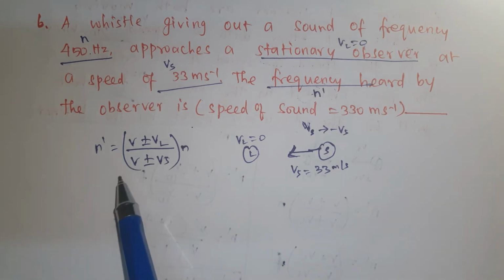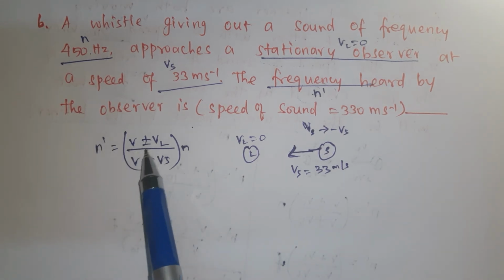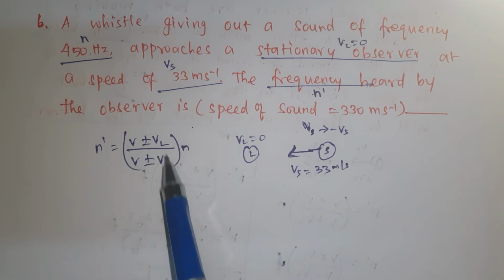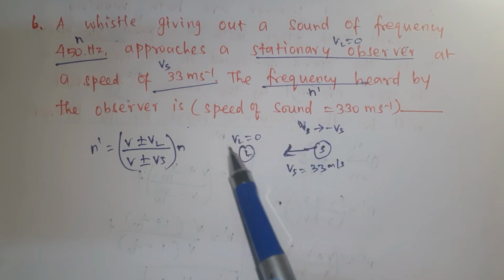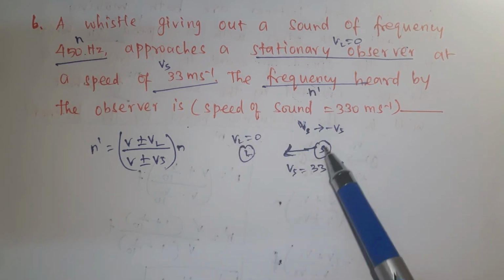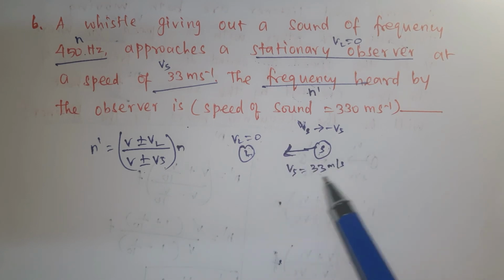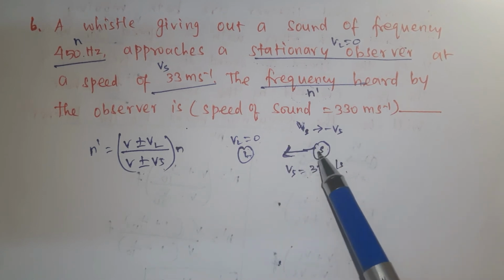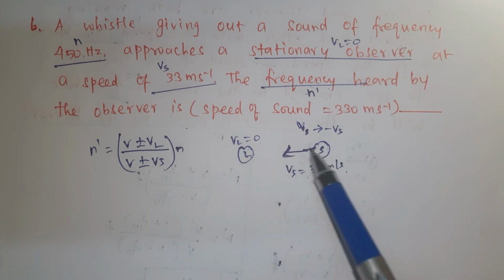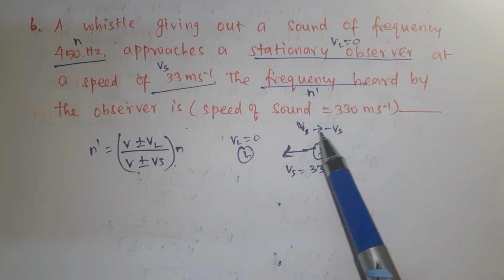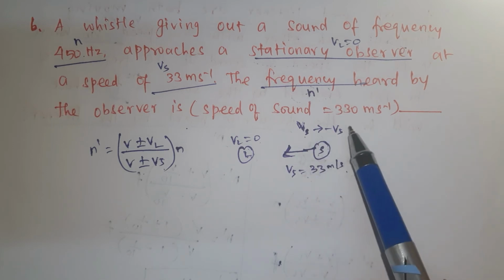So the general formula for apparent frequency in the Doppler effect, n dash is equal to (V plus or minus VL) by (V plus or minus Vs) into n. VL is the listener, and the listener is stationary, so the speed of the listener is 0. Then the source approaches the listener with the speed 33 m per s.